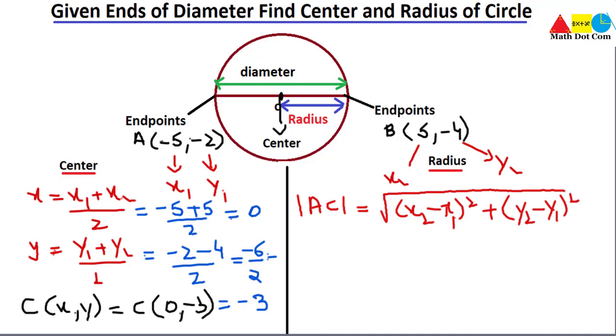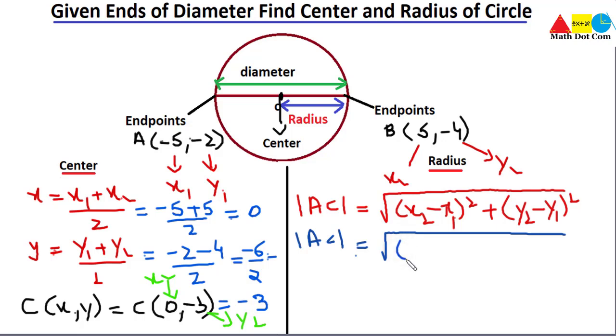So let's apply the endpoints here: we have one point A and the other is the center C, and we have already found the center C. Let's say we have x1 and y1 of point A and x2 and y2 of the point C, the center. This will be the x2, the x coordinate of the center point, and this will be the y2. We have to put these values here.